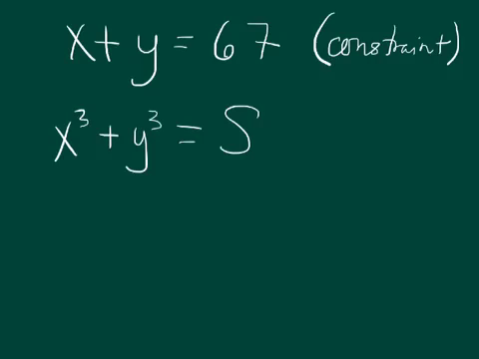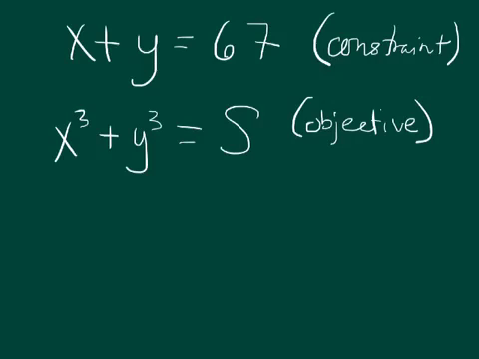Second, this function we're going to call the objective function. Why is it called the objective function? Because it needs to be either minimized or maximized based on the problem. There's an objective in this problem. What is the objective?